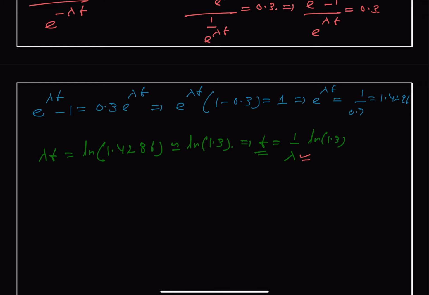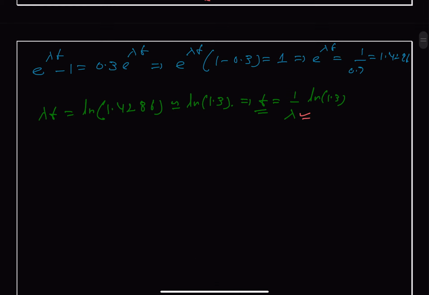Okay, so we substitute the value of lambda. We need to find out t, so we get t is equal to natural log of 2 divided by T, and here we have natural log of 1.3.